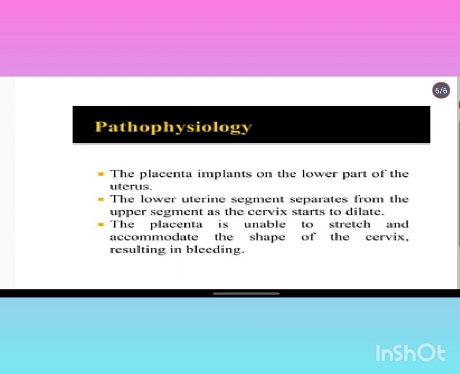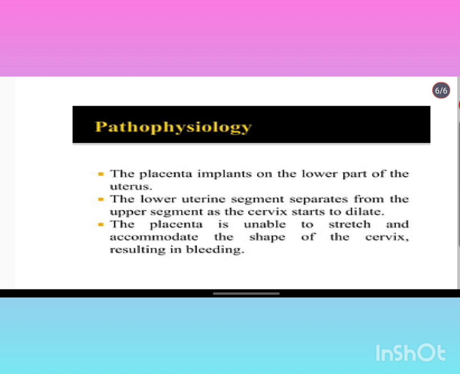Next we'll see the pathophysiology of placenta previa. As I already told you, there are certain theories suggesting that the placenta attaches itself to the lower part of the uterus because the deciduum forms and attaches itself to the lower segment.